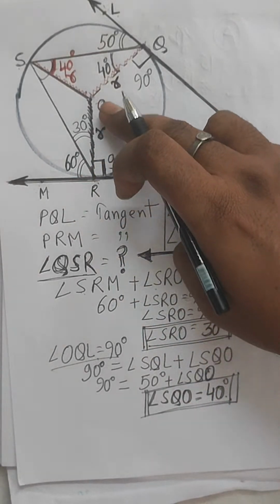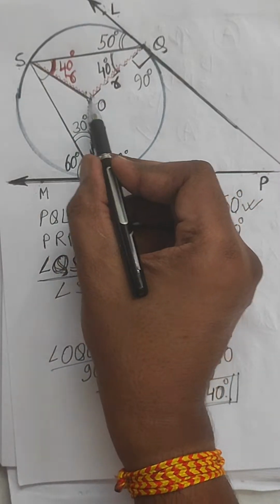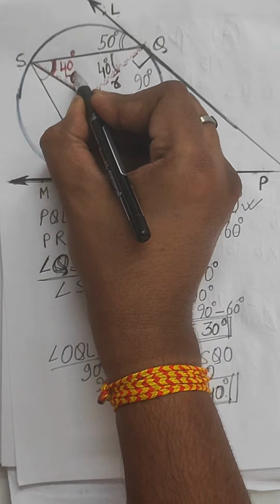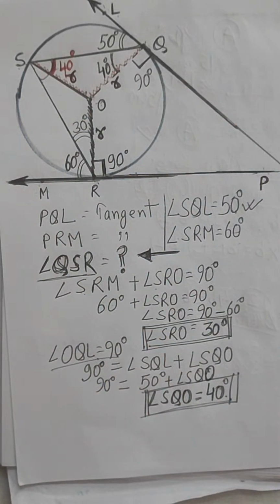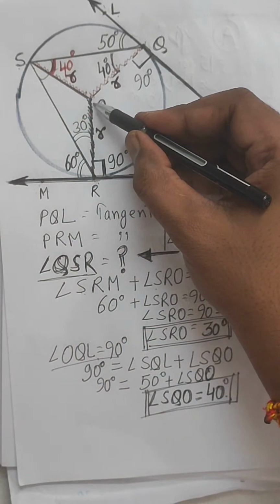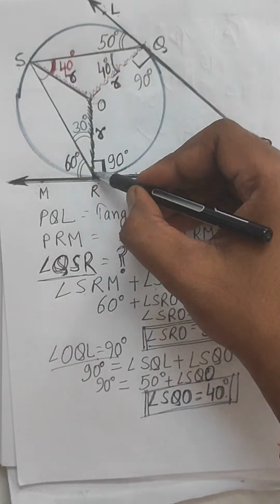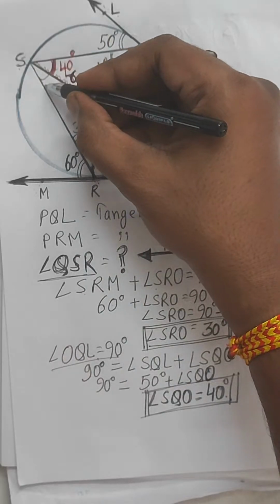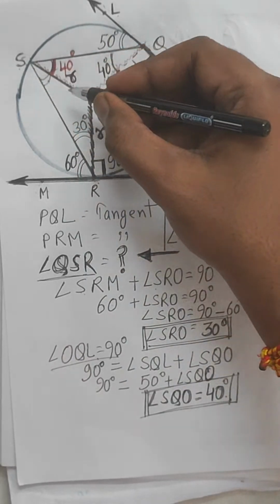Similarly, OS is also a radius, which we have already shown. Angle OSR and angle SRO, both angles will be equal.